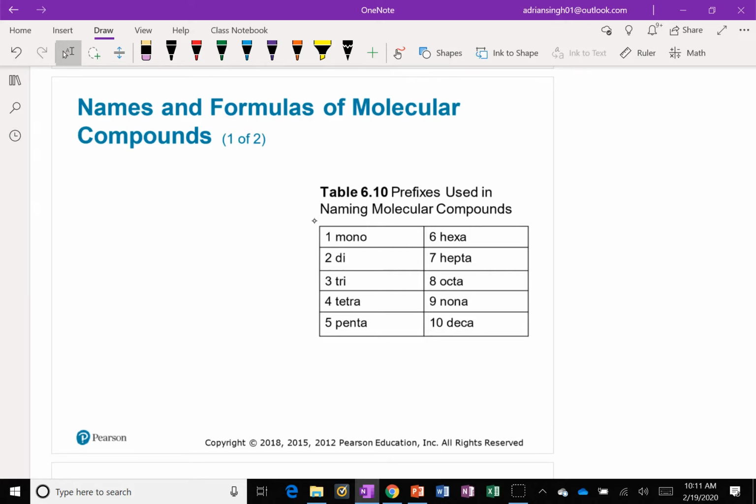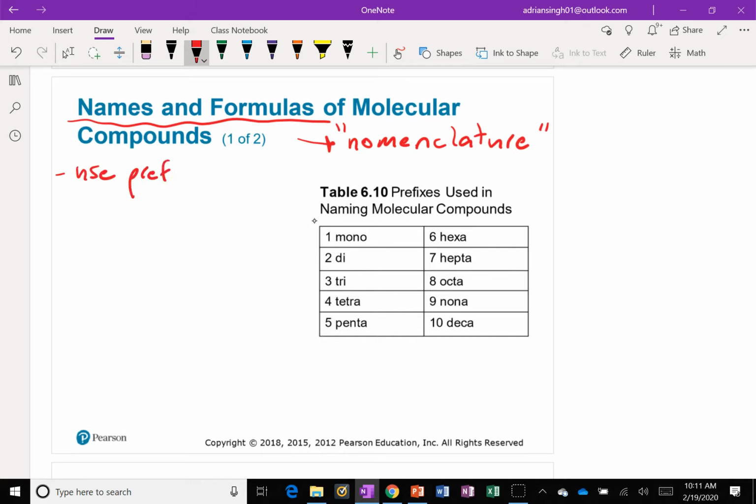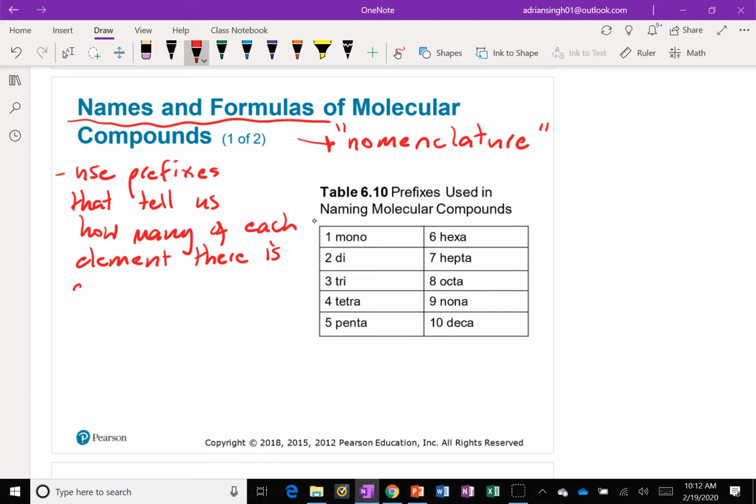And when it comes to the naming or the nomenclature, that's a fancy word for names and formulas, we encounter the other big difference between ionic and covalent, which is in our covalent compounds, we're going to be using prefixes that tell us how many of each element we have in a molecule.